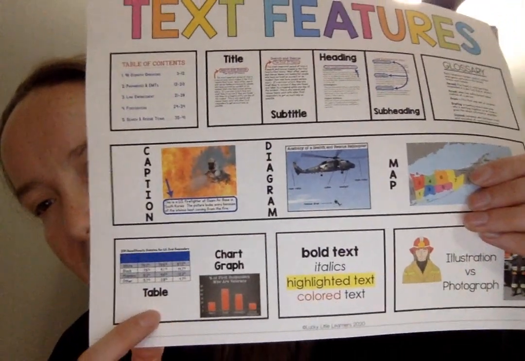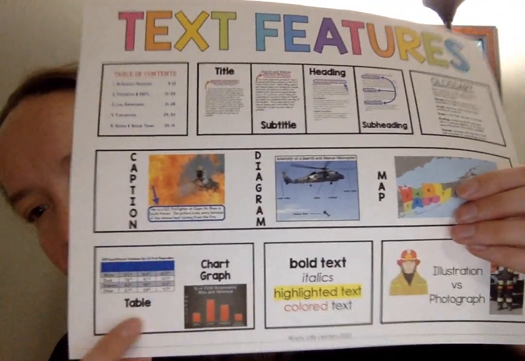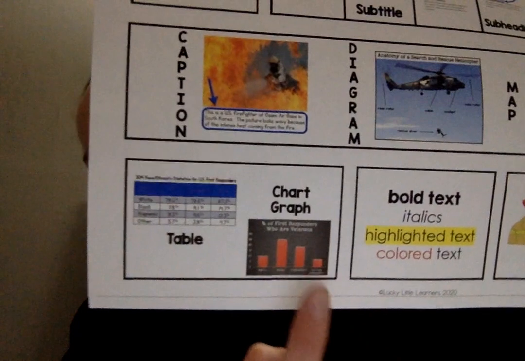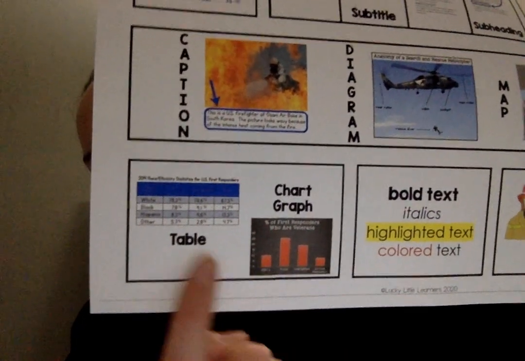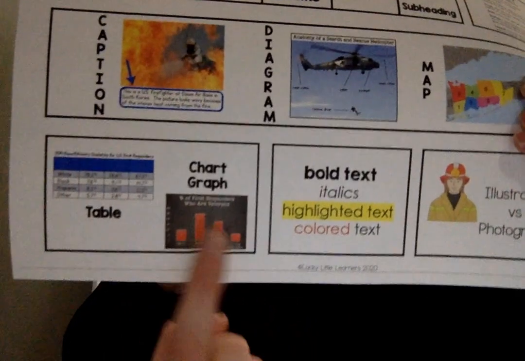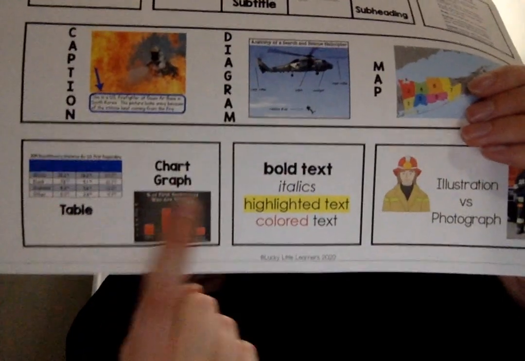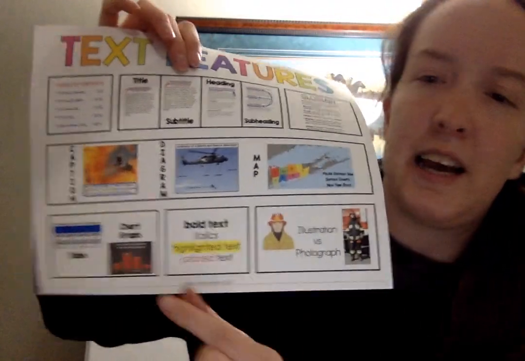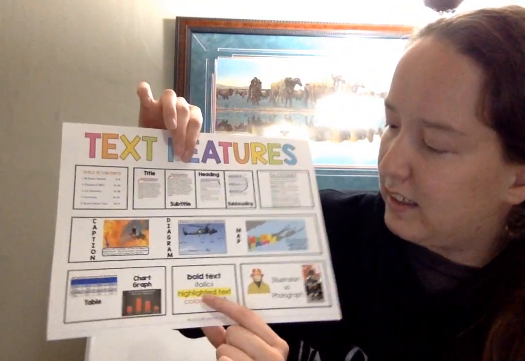Next on our text features are table or chart graphs. Tables usually have data in them, and so do chart graphs, usually with numbers or fractions, percentages, etc. And then we have bold text, italics, highlighted text, and colored text.